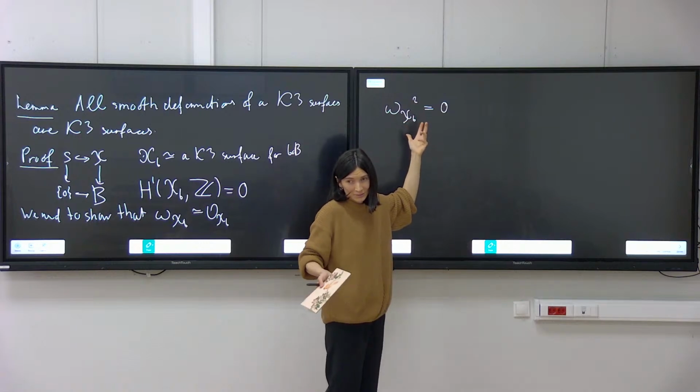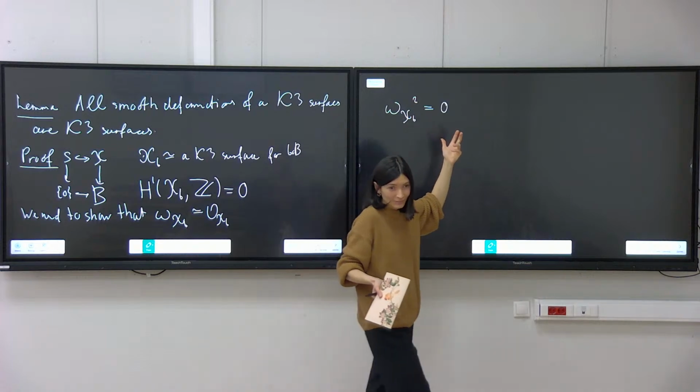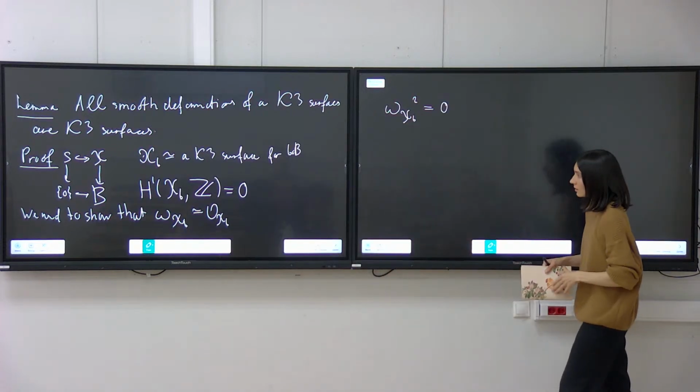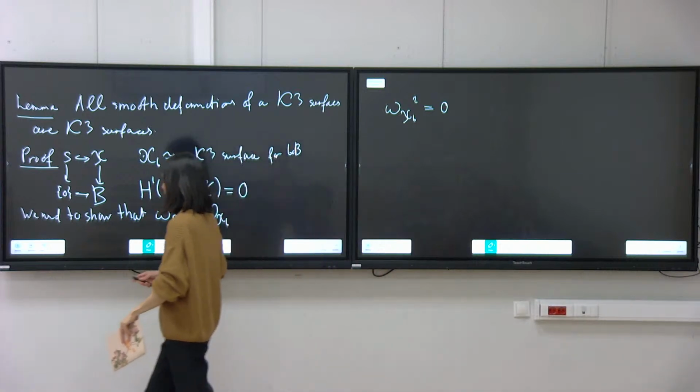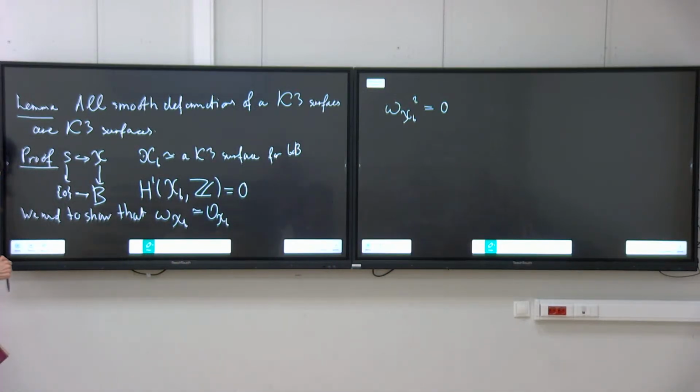Maybe you know some simpler explanation. Does it work in the non-projective case? Yes, I think so, but I need to think.